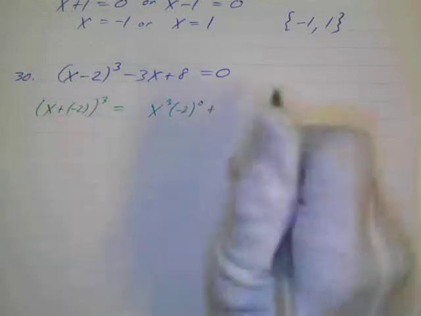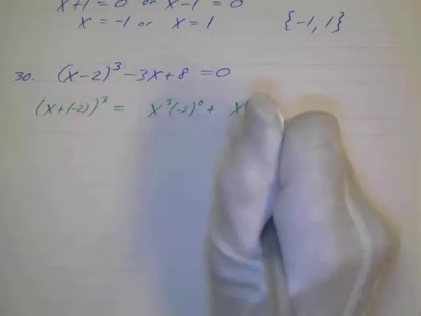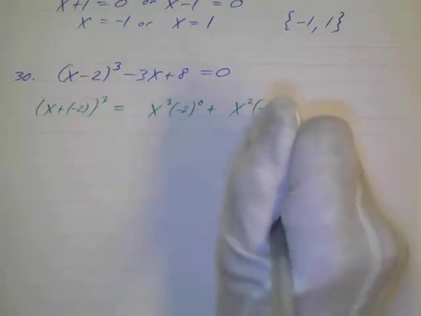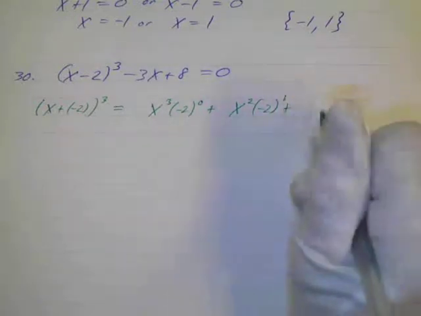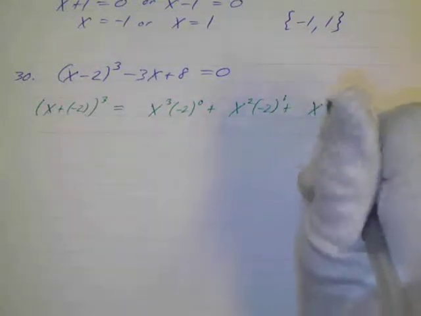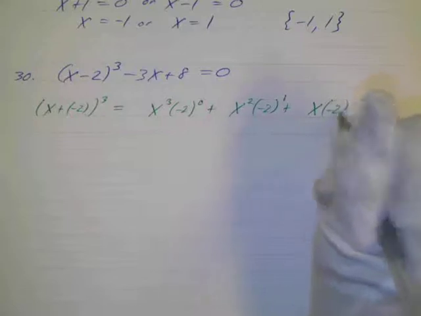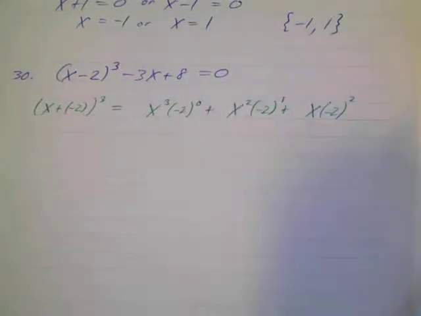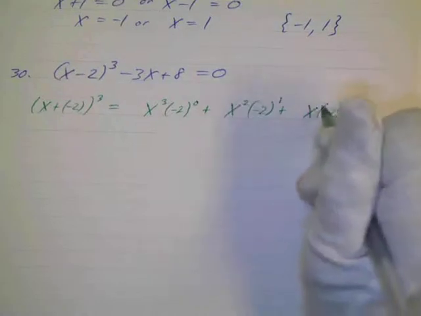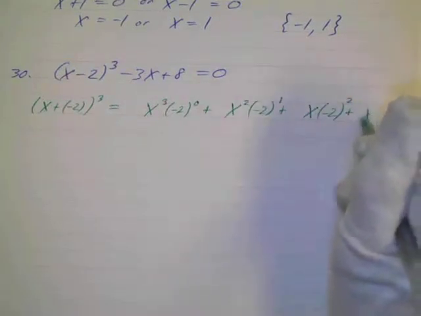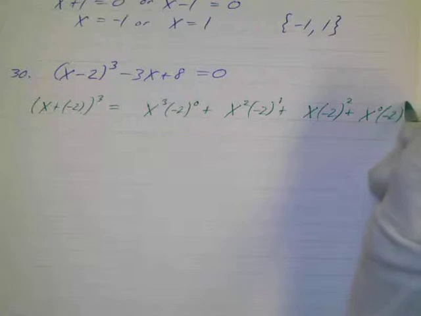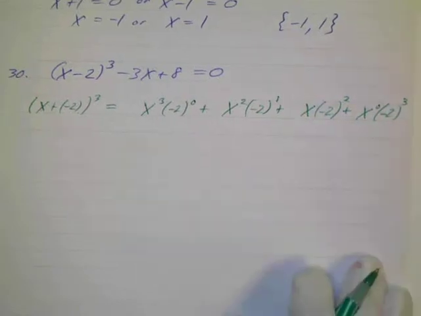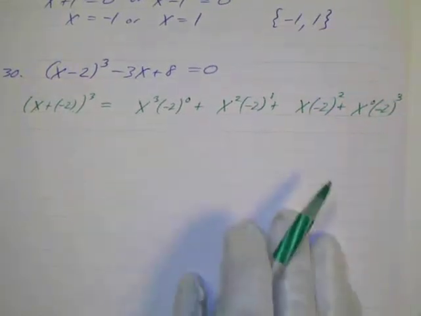And then plus x squared and negative 2 to the first, plus 1x times negative 2 squared, and finally plus, I'll write this out, x to the 0 and negative 2 to the third. So this is our form for our binomial expansion.